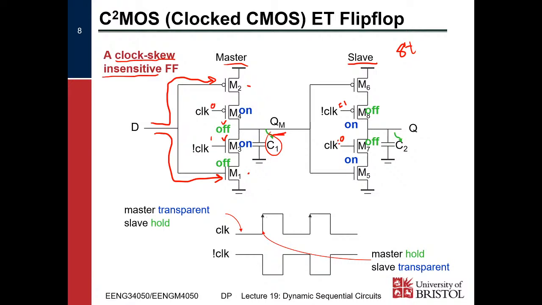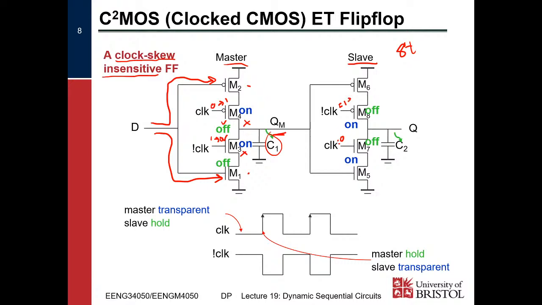When our clock goes high, these 2 transistors turn off. Therefore, C1 now holds its value. Changes on D cannot propagate through to C1 and QM.